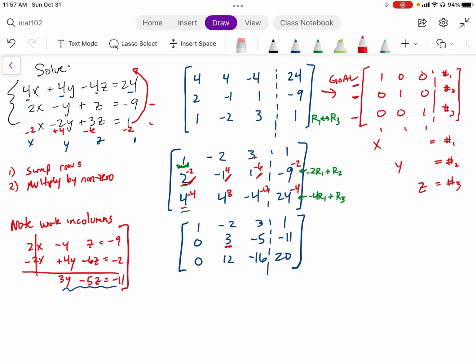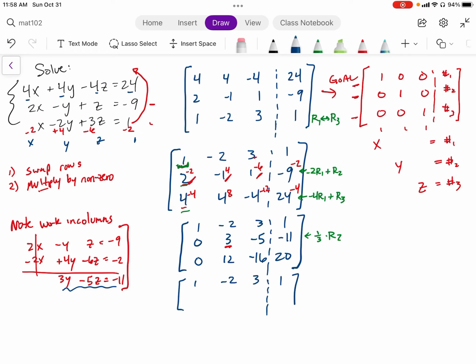So what are we going to do? We're going to multiply row 2 by 1/3, or like I said, multiply or divide, same thing, or divide everything by 3. So sticking with consistency here, I'm going to take 1/3 multiplied by row 2. Let's go ahead and rewrite that now. 1, -2, 3.